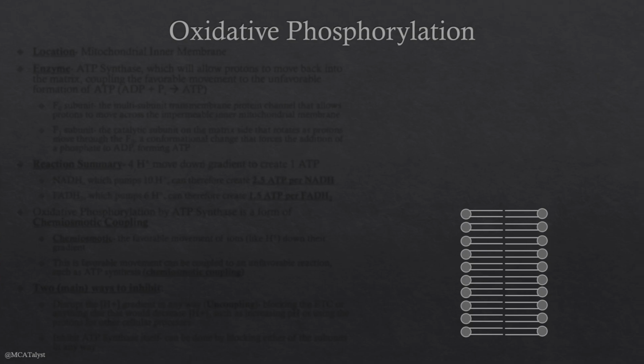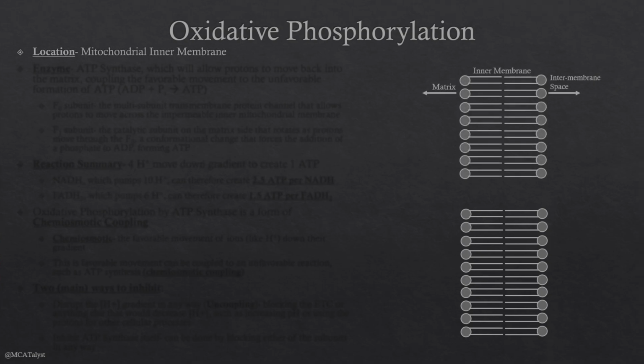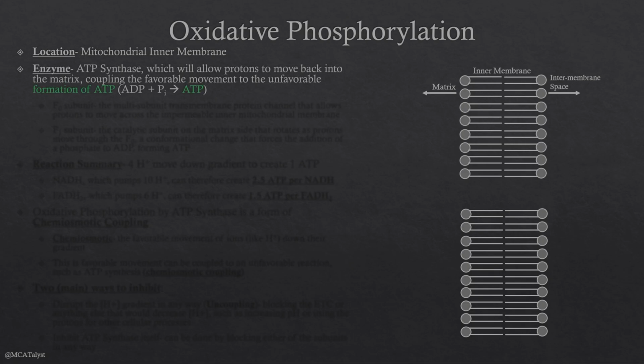So oxidative phosphorylation, it is also, just like the electron transport chain, going to be located on the inner membrane of the mitochondria. Basically, what's going to be happening is we have this enzyme called ATP synthase. ATP synthase basically has this big channel that's going to allow these protons specifically to move back into the matrix, which is a movement that the protons want to do. They want to go from high concentration to low.